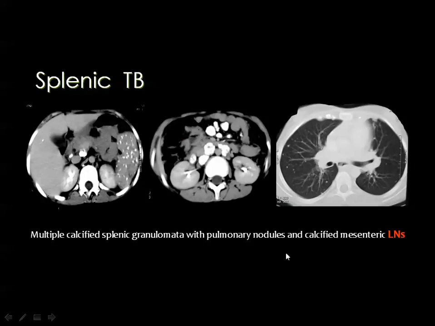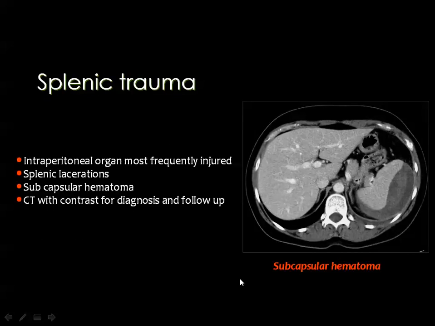This is one of the cases of calcifications in the spleen, and also a small focus of calcium in the liver, as well as calcification of the mesenteric lymph nodes. And also there are some calcified foci scattered in the lung, and this is TB of the spleen, liver, mesenteric lymph nodes, as well as the lung.